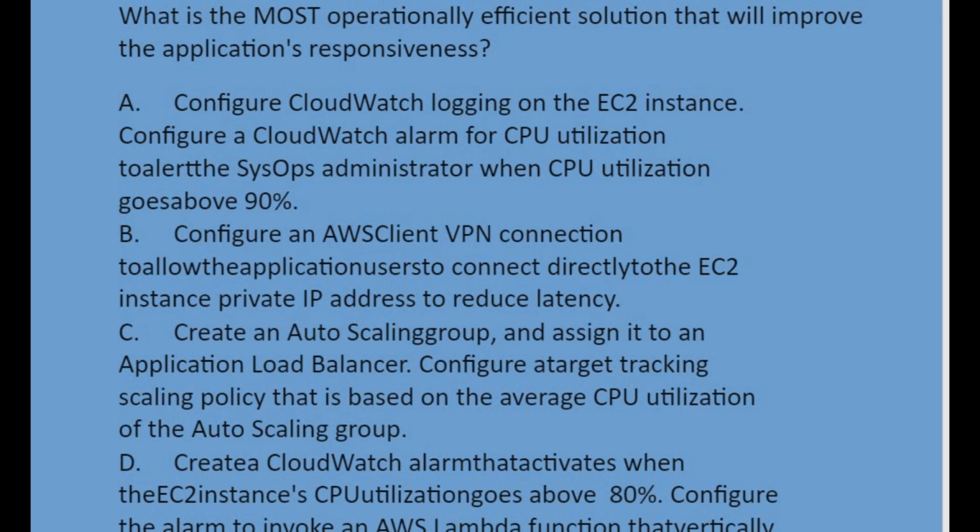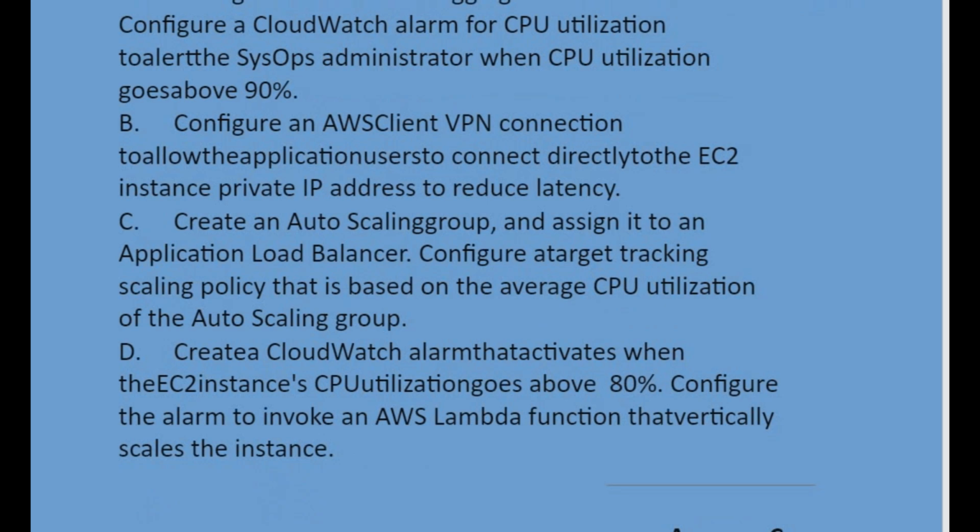Option C. Create an Auto Scaling group and assign it to an Application Load Balancer. Configure a target tracking scaling policy that is based on the average CPU utilization of the Auto Scaling group. Option D. Create a CloudWatch alarm that activates when the EC2 instance's CPU utilization goes above 80%. Configure the alarm to invoke an AWS Lambda function that vertically scales the instance.